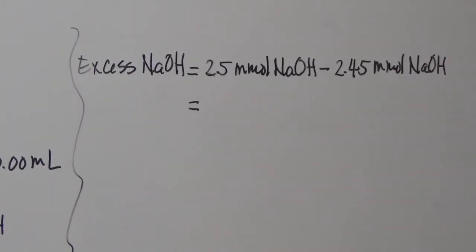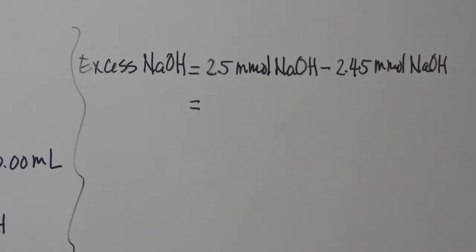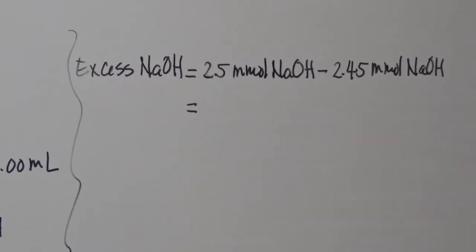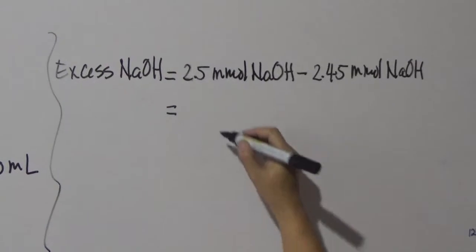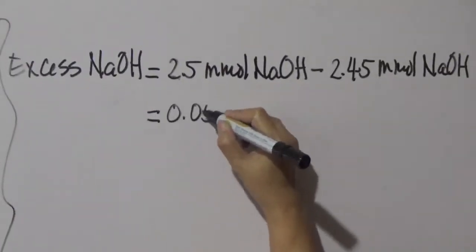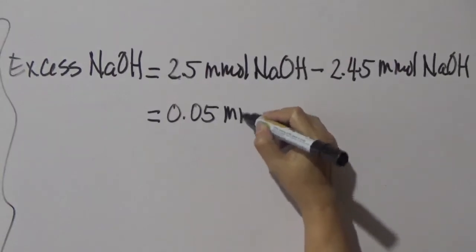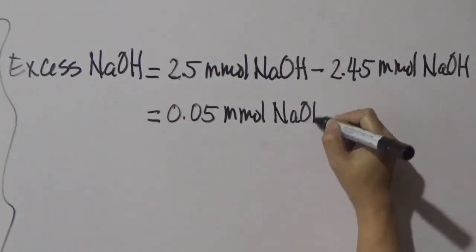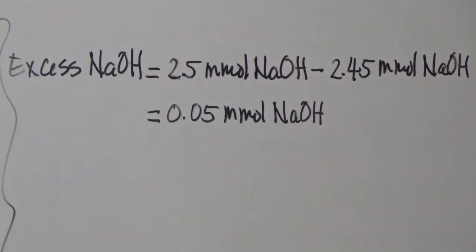So what is the amount that remains, or is in excess? You have 2.5 minus 2.45, that is 0.05, not 0.02. So 0.05 millimole of sodium hydroxide. This is the amount found in the flask.